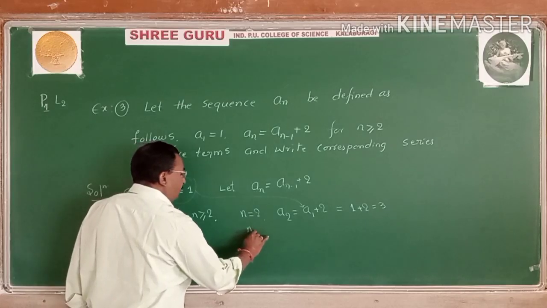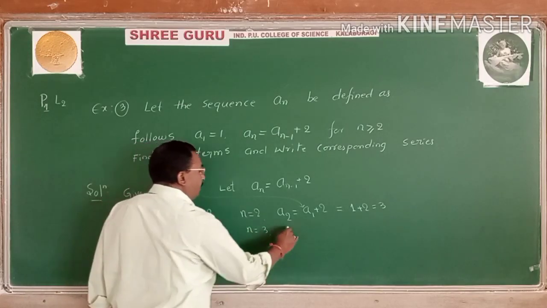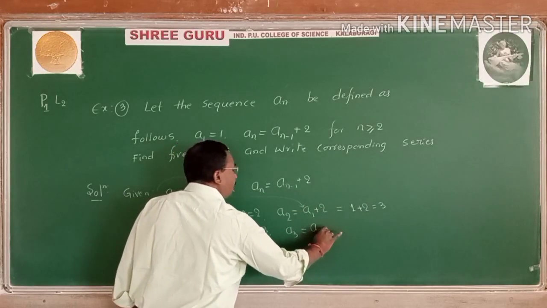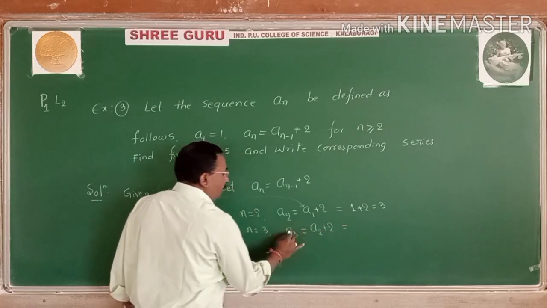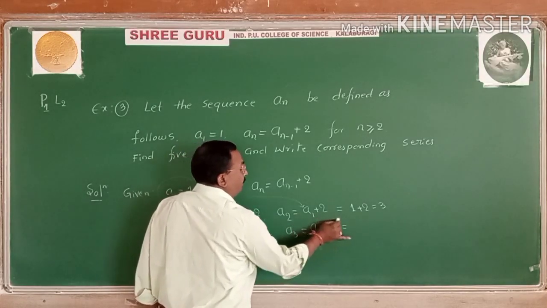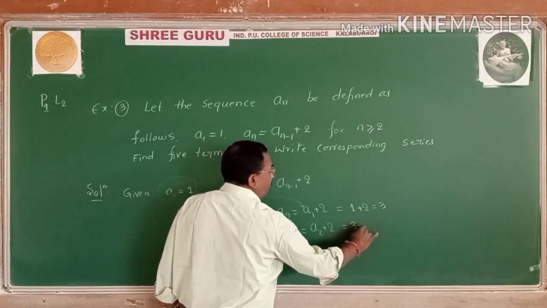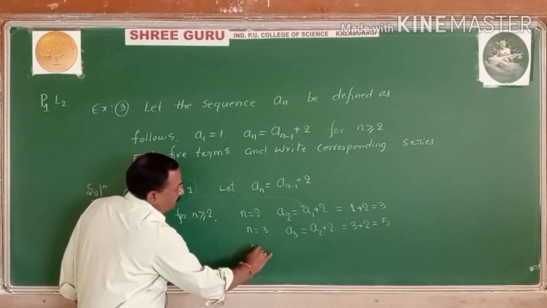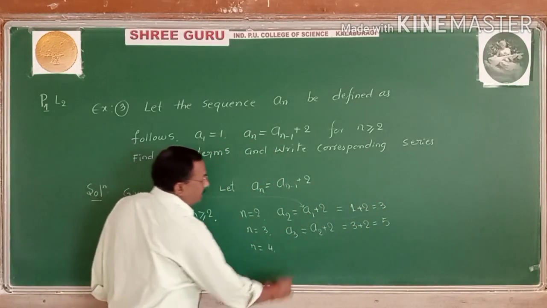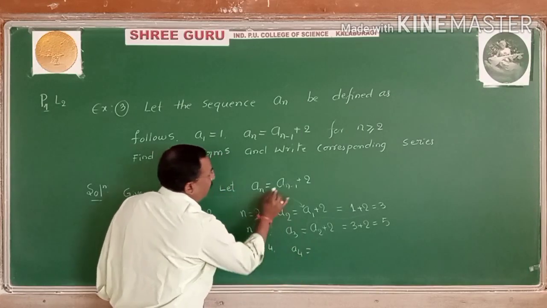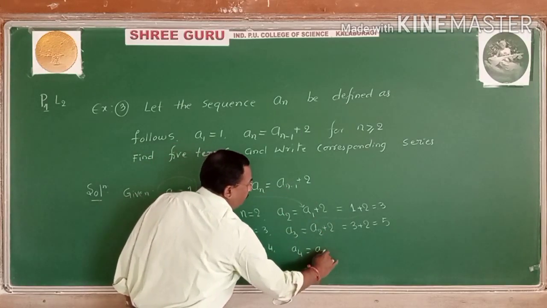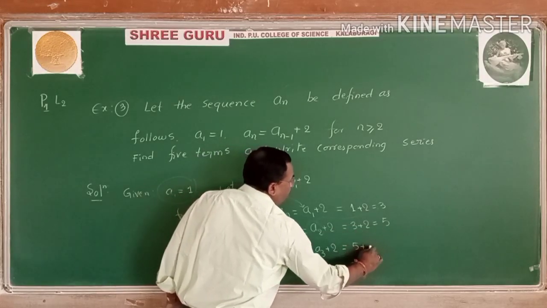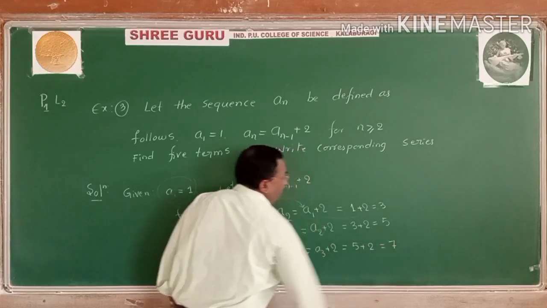Next take n is equal to 3: a3 is equal to a2 plus 2. This a2 refers to the previous value, 3 plus 2 is equal to 5. Next take n is equal to 4: a4 is equal to a3 plus 2, a3 refers to the previous, 5 plus 2 is equal to 7.